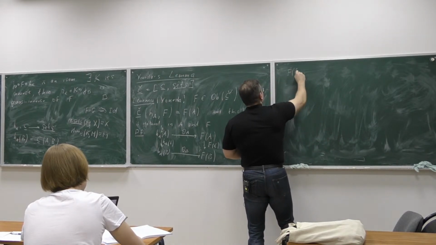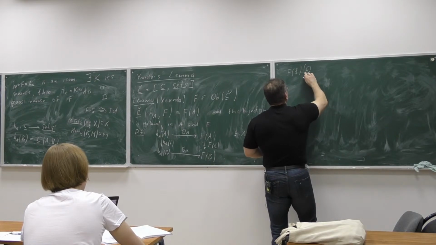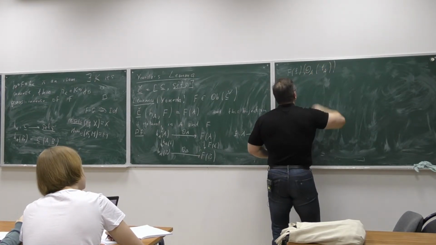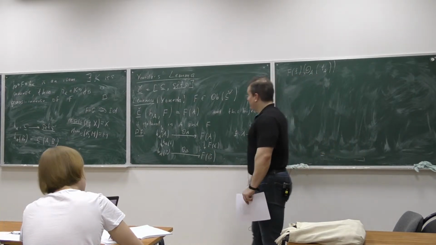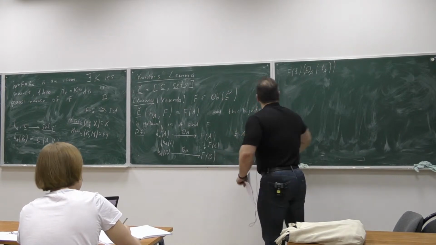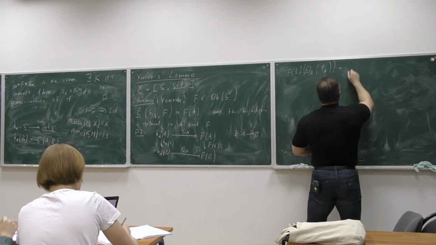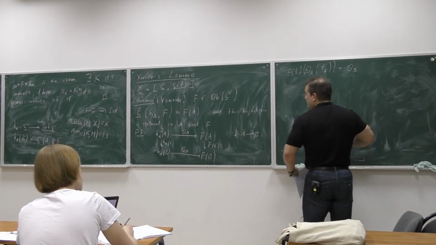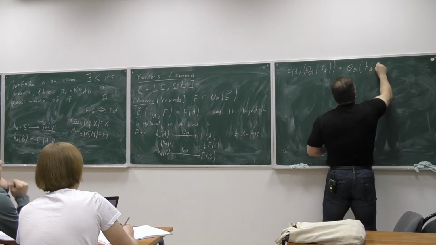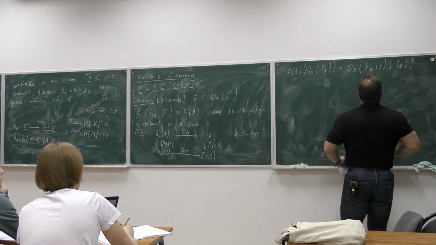So F of f applied to the theta A of 1_A, right? So I'm starting with the identity, apply the natural transformation, and then apply this map. This is the same thing as theta B that I need to apply to the HA of f applied to the 1_A, right?